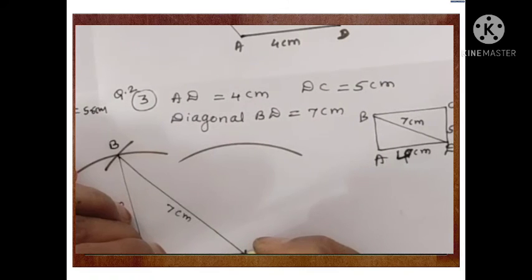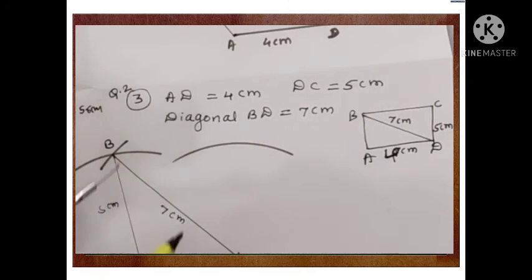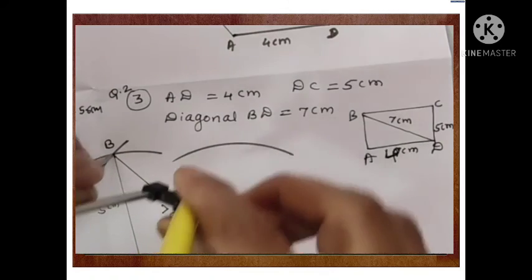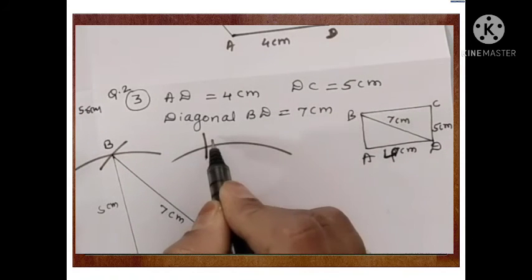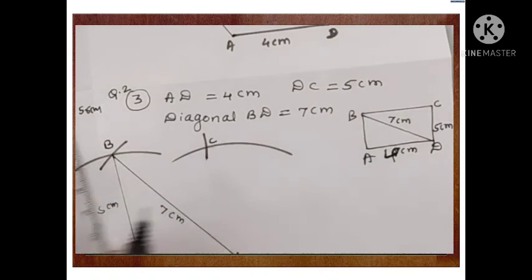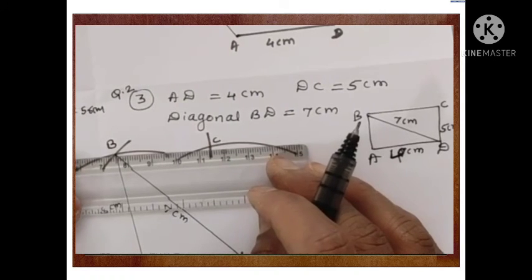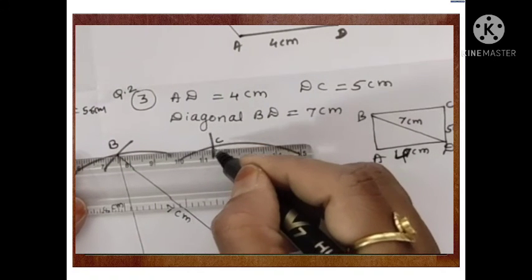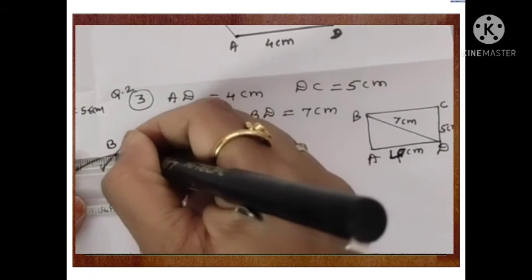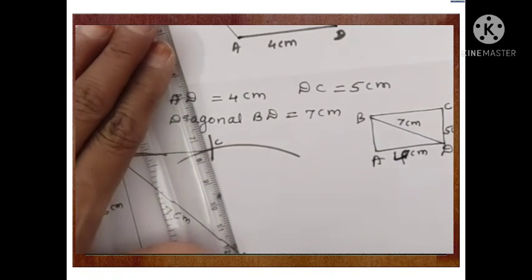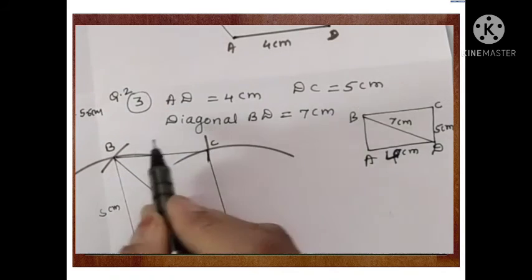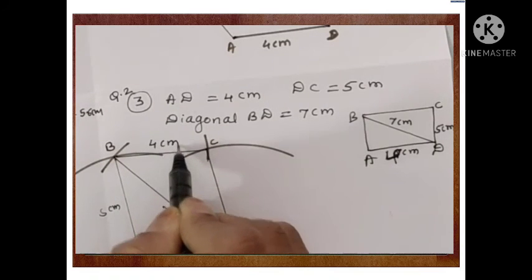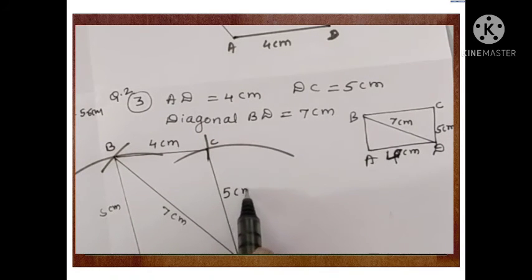By taking the radius 4 cm as equal to side AD, get the point C by cutting the previous arc, as opposite sides of a parallelogram are equal. Finally, join vertex B, C and DC to get a parallelogram ABCD with the given measures.